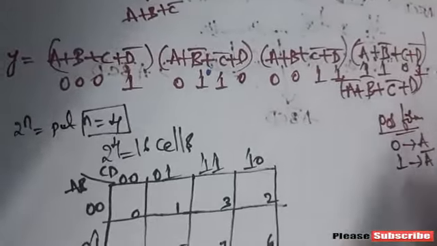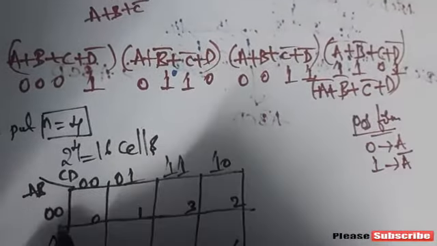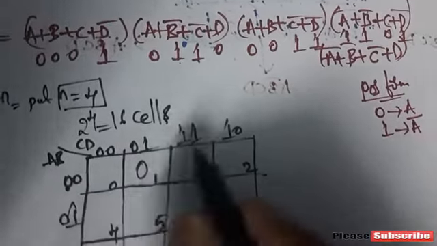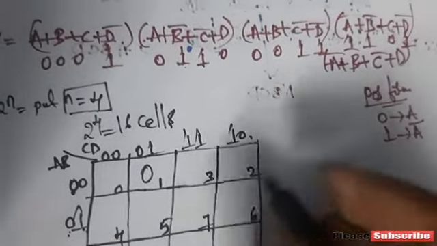Okay, this will be 0 0 1 0, right? Here we can represent the 0. Next, 0 1 1 0, right? Here we can represent the 0.